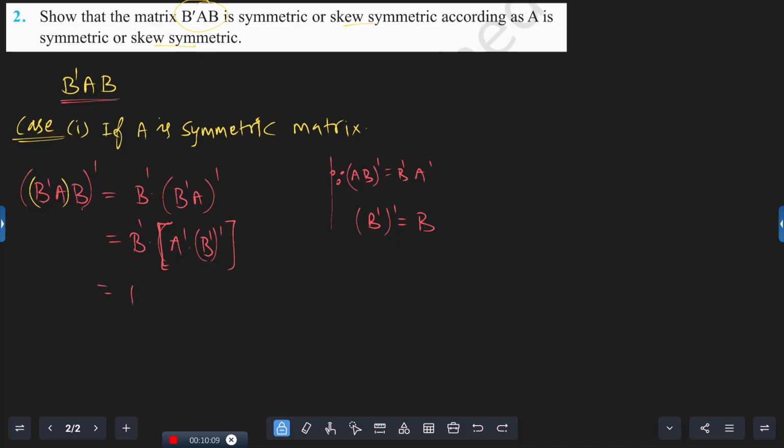Okay. Now if A is symmetric, what is the meaning of symmetric? A dash is equal to A. That is the meaning of symmetric.